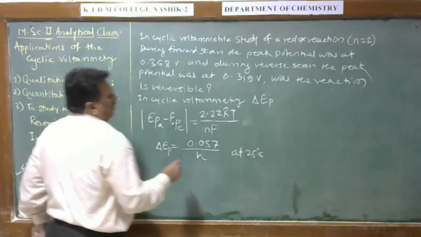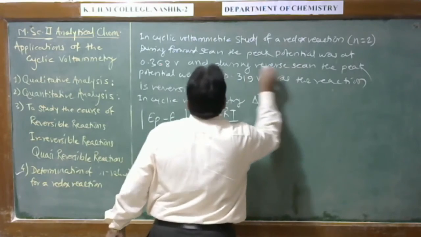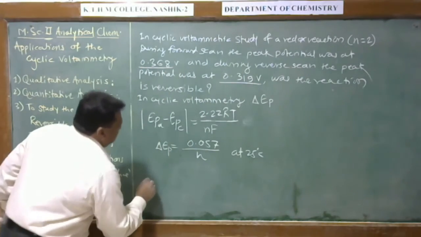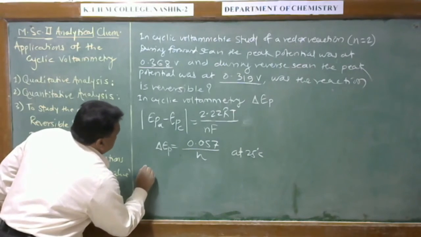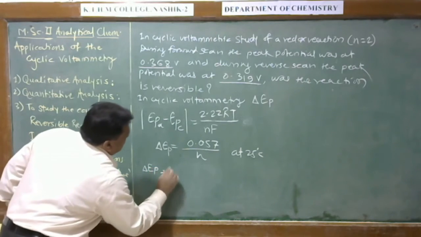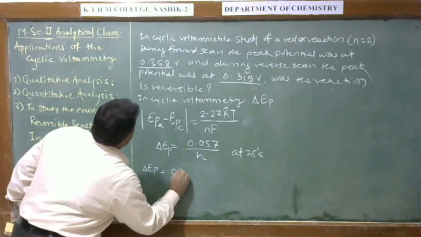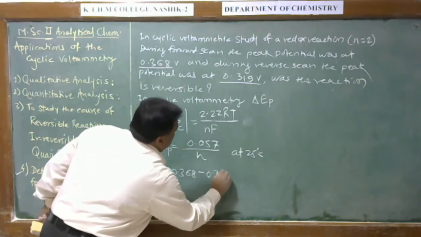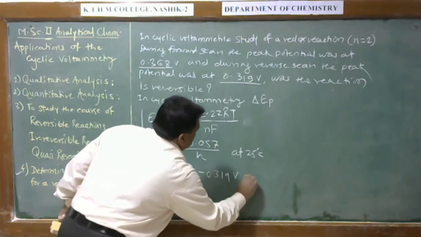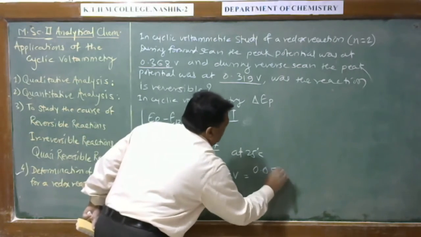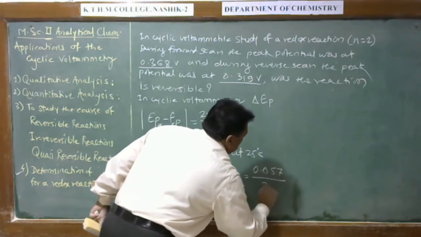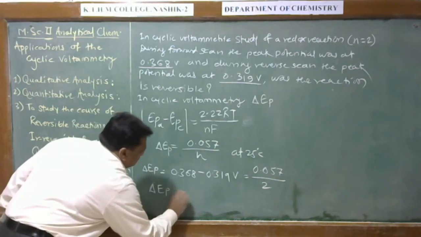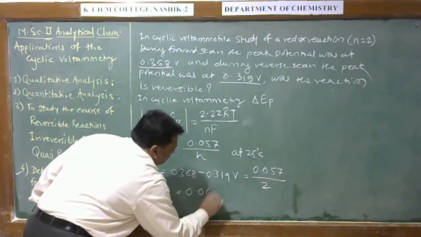What is delta EP? If we subtract this value from this, then delta EP is equal to 0.368 minus 0.319 volt, which is 0.047, it is mod.